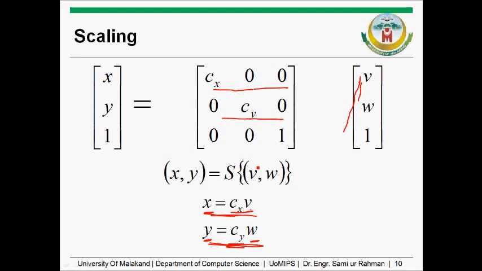So why do we consider the 3 by 3? Why not 2 by 2? In the last lecture, I had asked this. Usually in computer graphics, a 2D point is represented by 3 coordinates, and this additional coordinate is used for homogeneous coordinates.